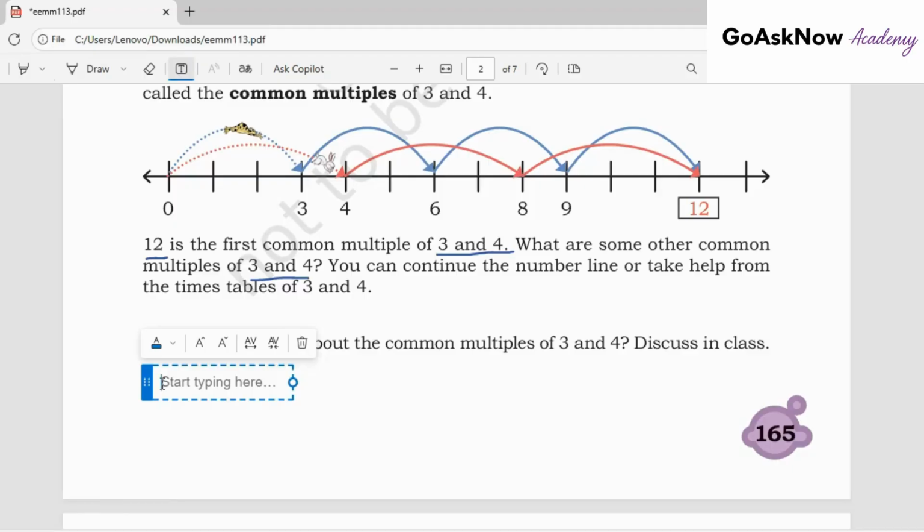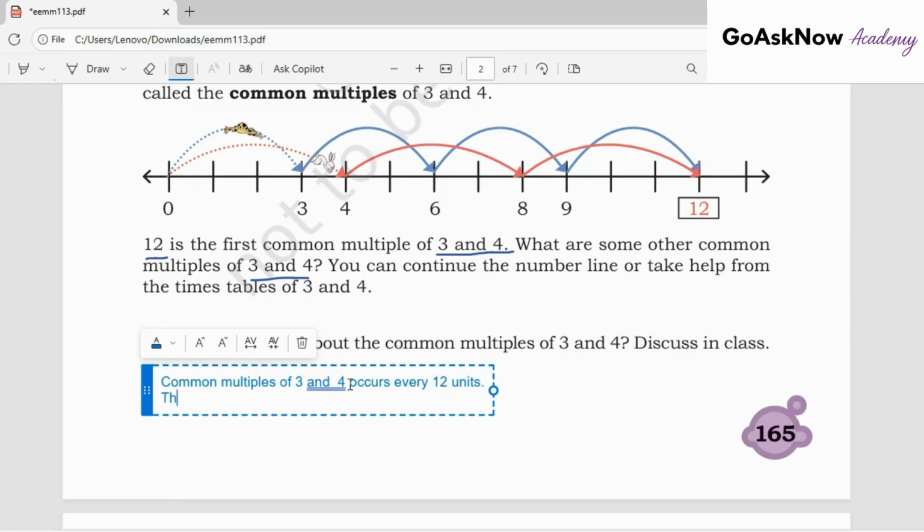Now, common multiples of 3 and 4 occur every 12 units.